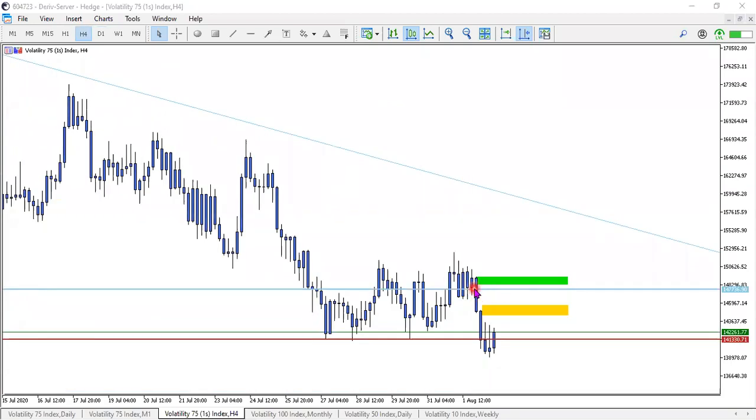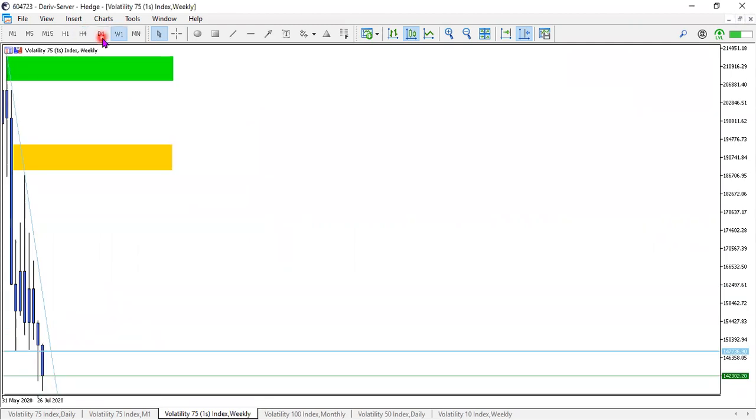Looking at this area over here, right? Now you can see price is reacting pretty strongly to that bullish momentum that we're seeing coming off these weekly rejections that we've got here. So that is completely understandable and completely expected.